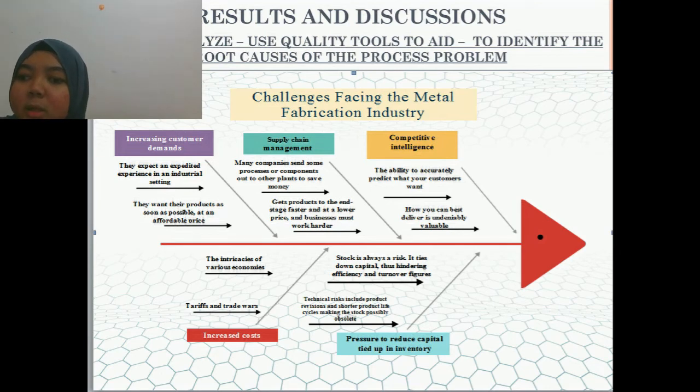Technical risks include product revisions and shorter product life cycles that make the stock possibly obsolete. Stock is always a risk. It ties down capital, thus hindering efficiency and turnover figures.